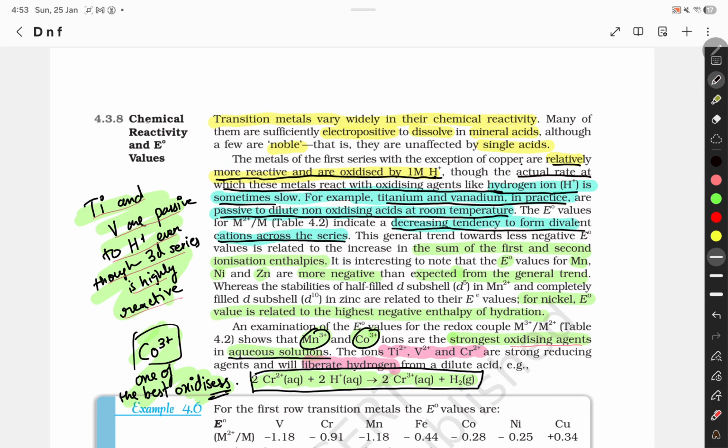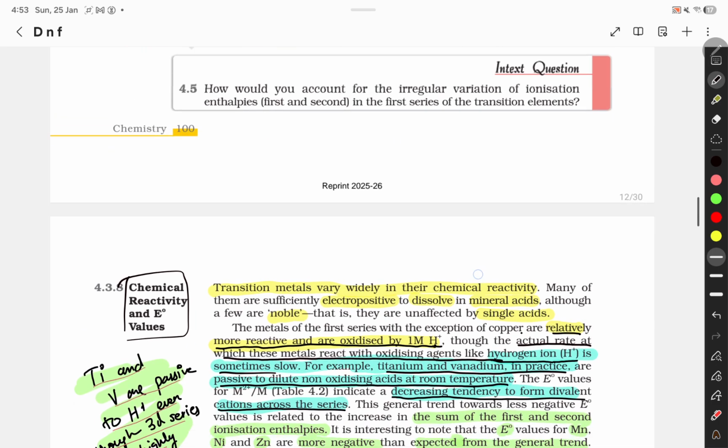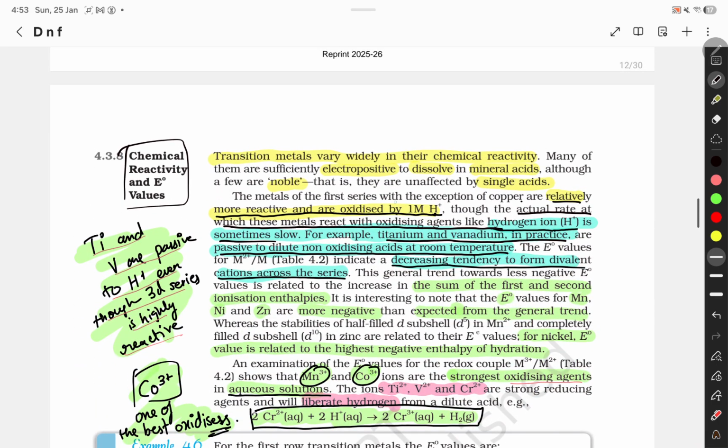So one thing about chemical reactivity and E naught values that we tend to miss is that the actual rate of them reacting with oxidizing agents like hydrogen ion is very slow. Like titanium and vanadium, in practice, they're passive. Okay, they're passive to dilute non-oxidizing acids at room temperature.